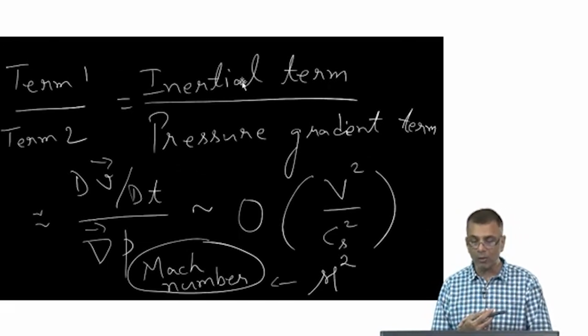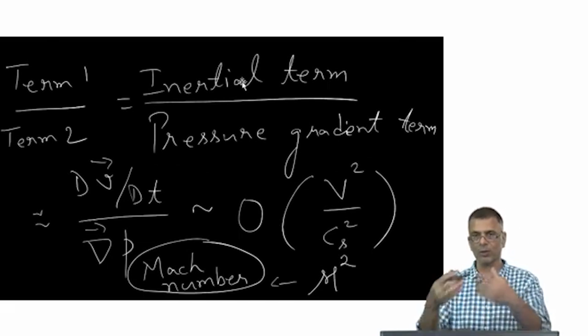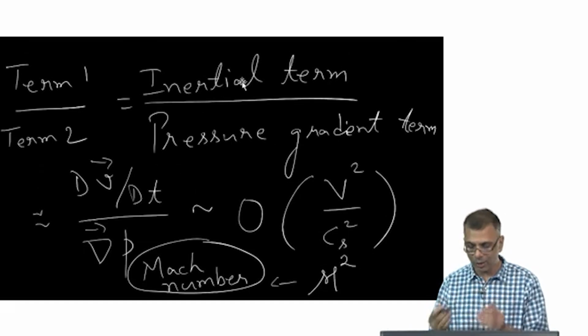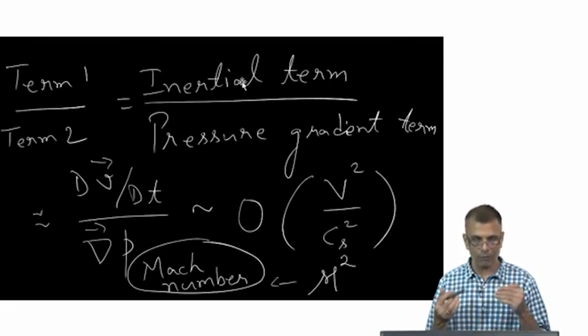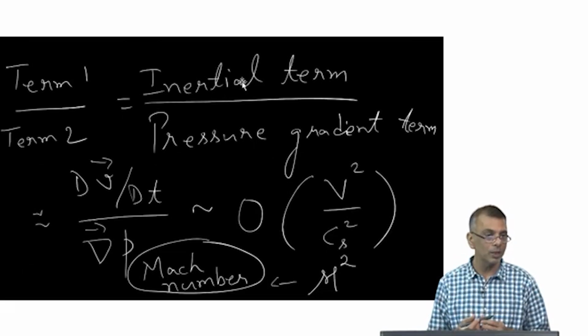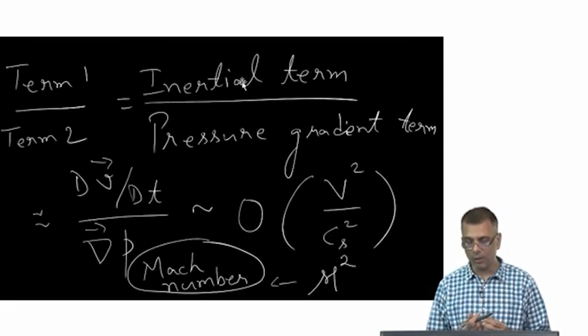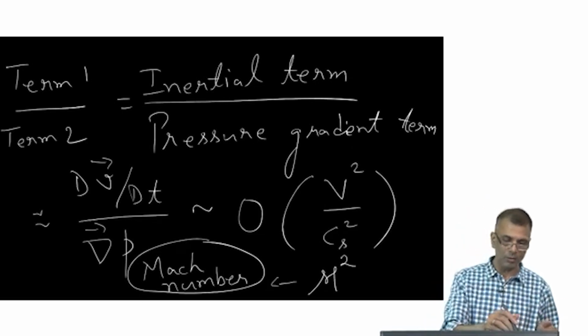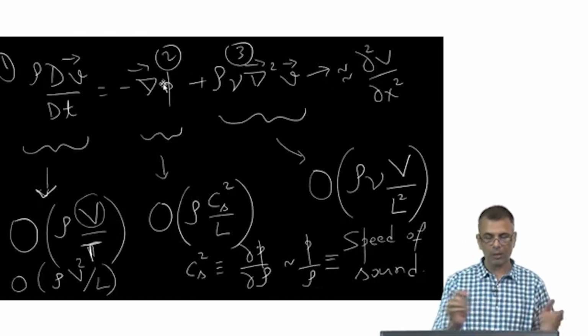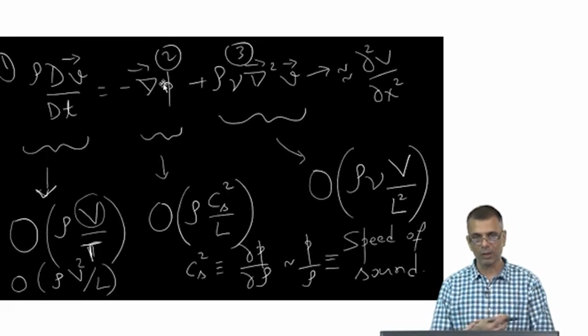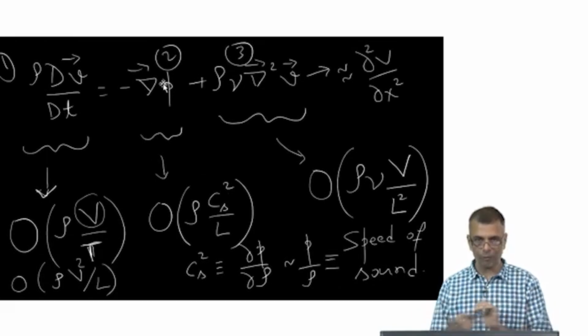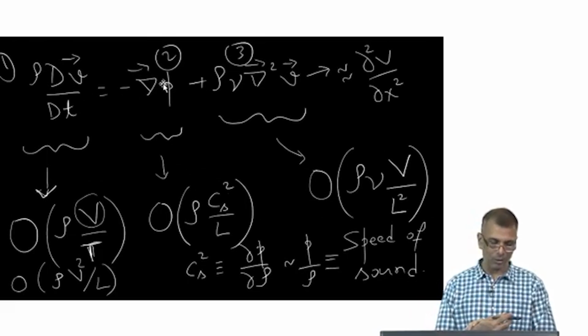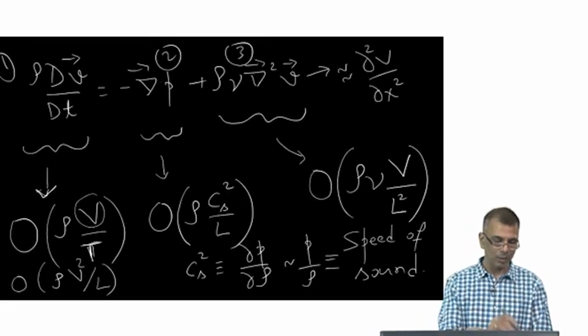If the Mach number is low, then the pressure gradient term is more important than the inertial term. This is the first dimensionless number we are encountering, and it gives you a good idea of which of at least these two terms is relatively more important than the other. So, this is how it comes about.